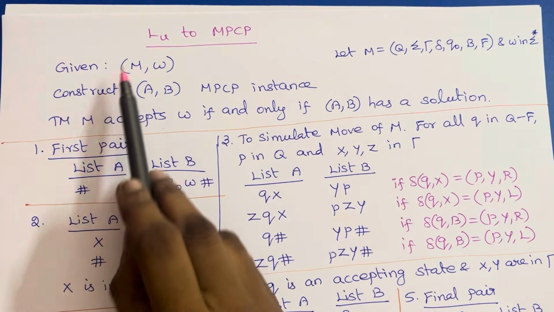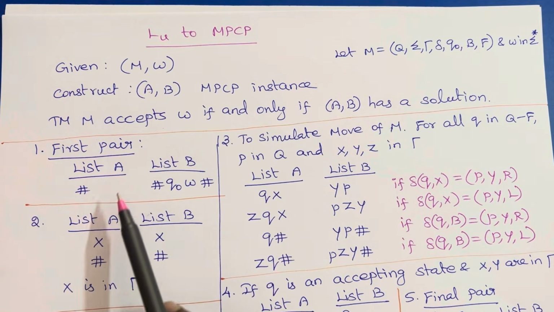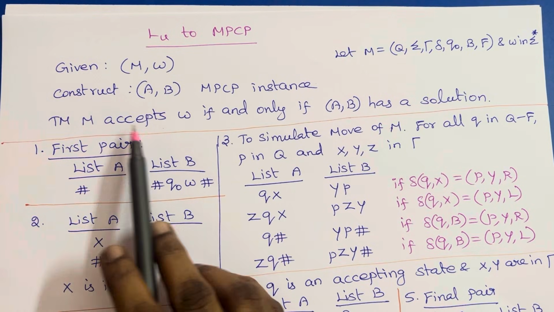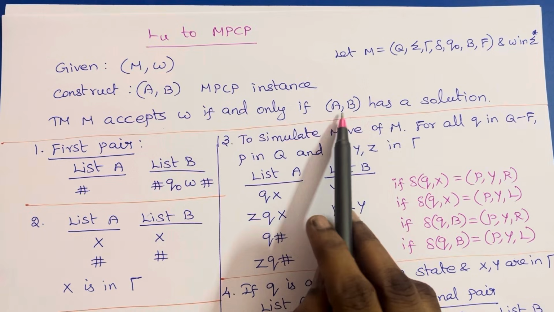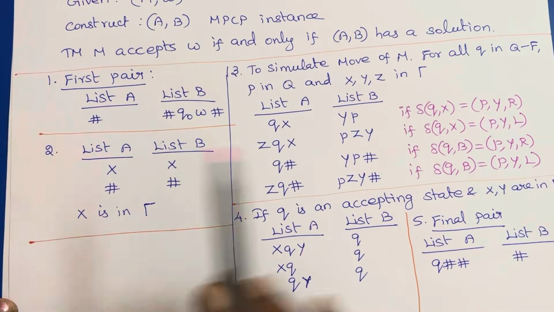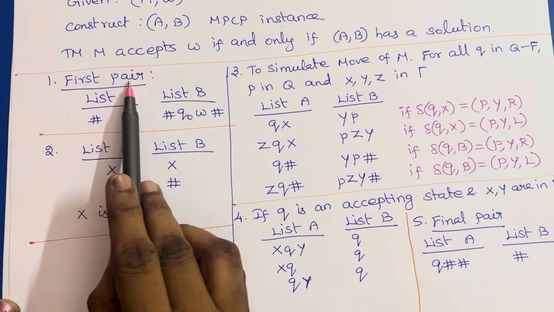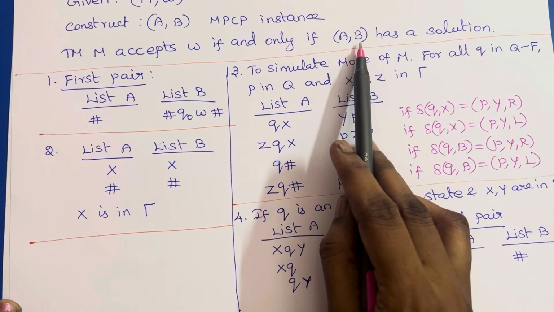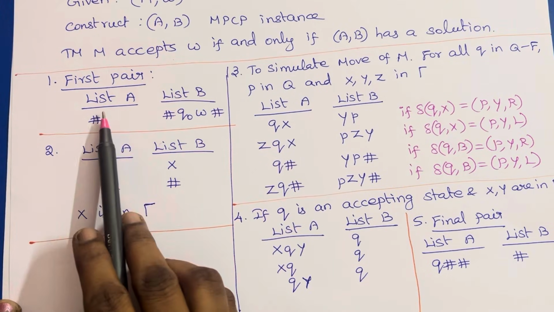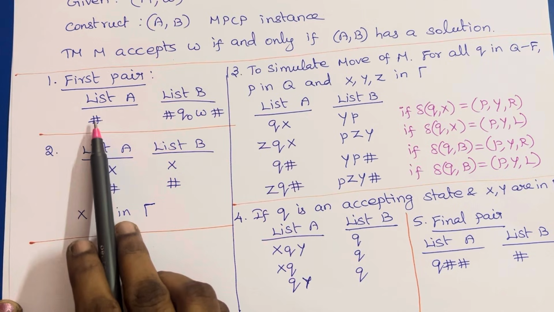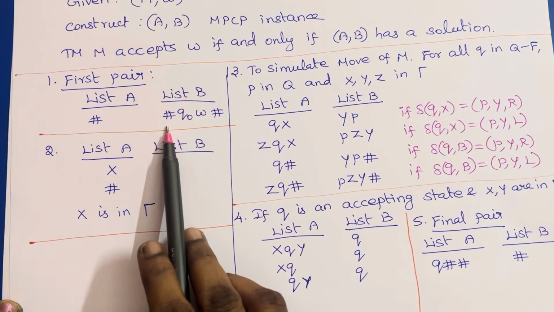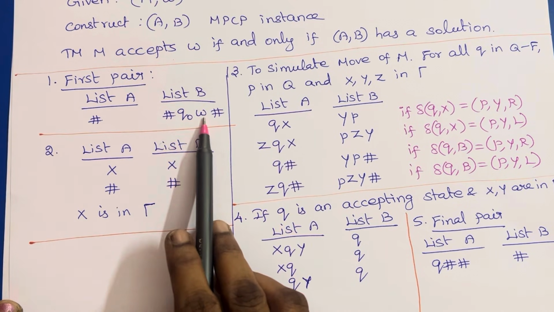So if the Turing machine is given, we can construct the MPCP instance by using the 5 rules, and then we can check whether the Turing machine M accepts W and A comma B has a solution. So the first rule is the first pair of the MPCP instance A comma B. In list A we have to attach hash, the separator hash, and in list B we need to attach hash Q naught W hash.